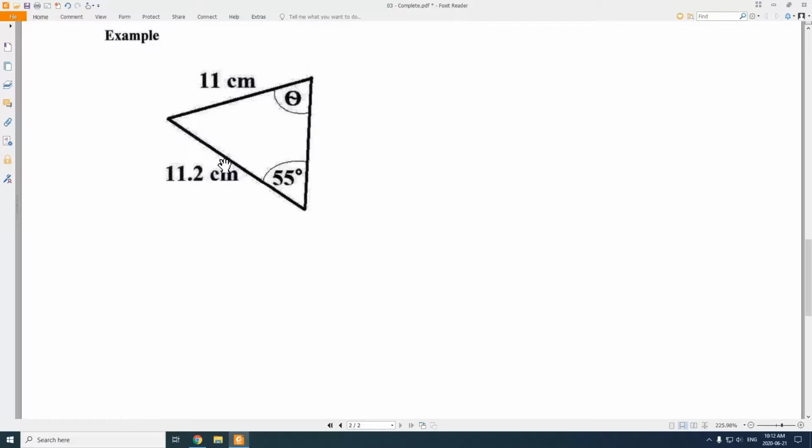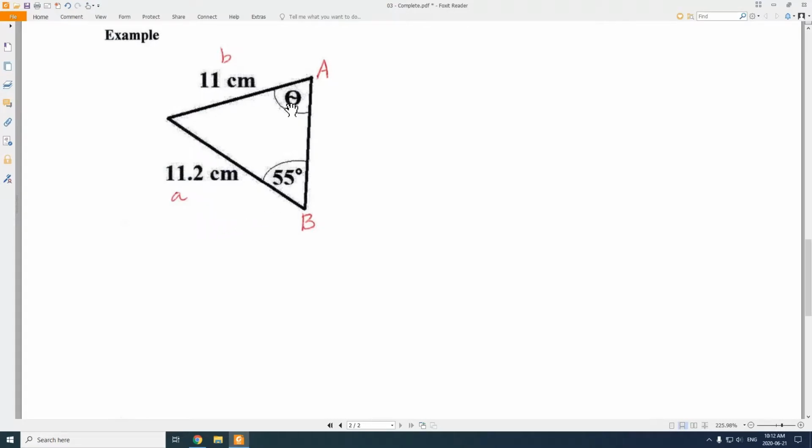I'll make A my unknown, so capital A over here, and across from that would be length A. Then I have the other one, angle B, and across from that, length B. Once again, A is across from A, B is across from B, capitals for angles, lowercase for lengths.